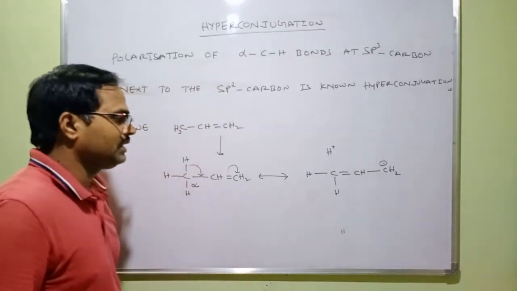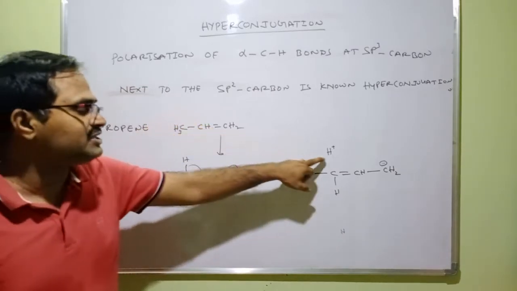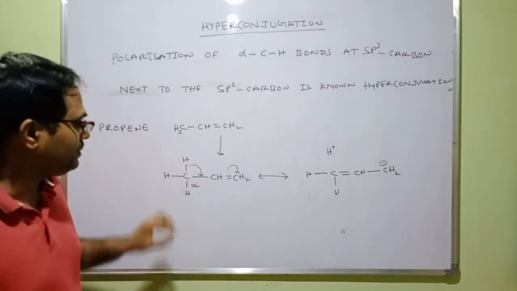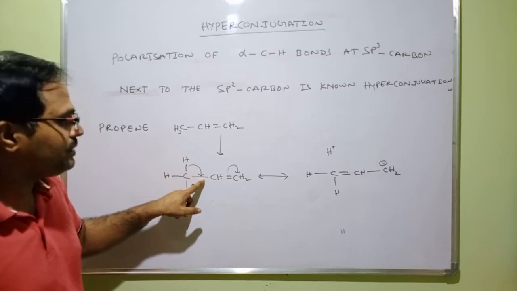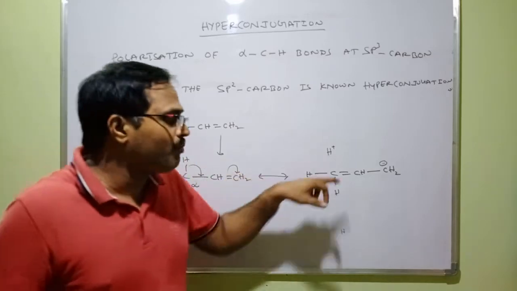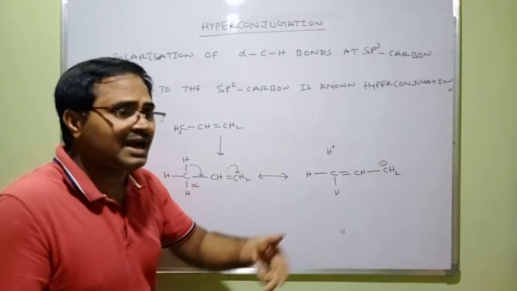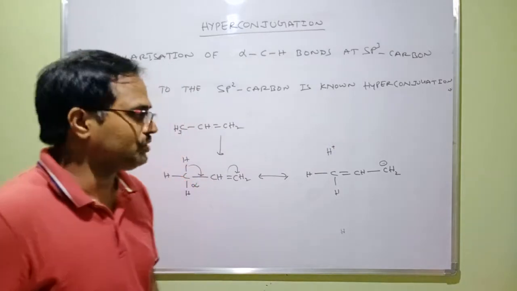Here, what happens? See, this hydrogen remains as H plus because there is no bond between these two atoms, and the complete bond is shifted from here to here. So now the hydrogen stays without any bond. Since hydrogen does not have any electron, it carries a positive charge.